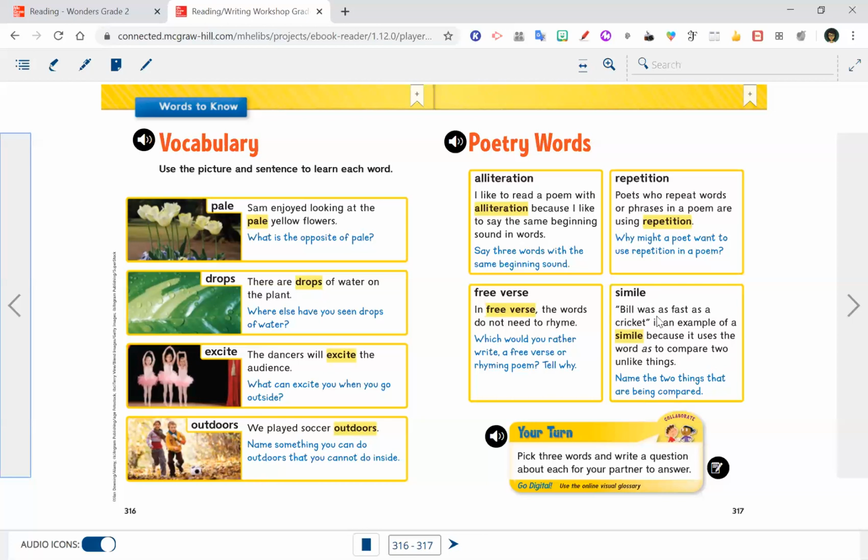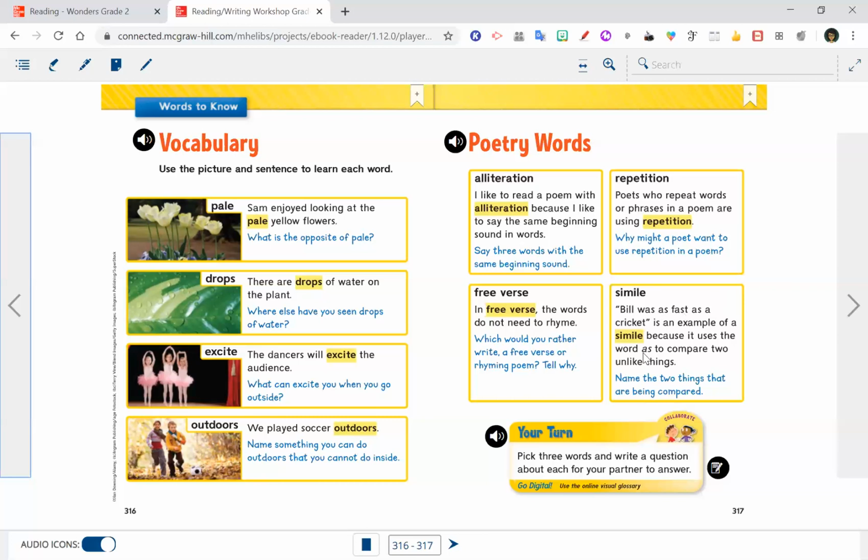So they gave us an example here. It says, Billy was as fast as a cricket. But wait, is Billy a cricket? Probably not. I think Billy is a person, and they're just comparing him to a cricket because a cricket can run really fast. So when you think of a simile, you're comparing two things that may be different, but there may be just one thing that keeps them the same, that's similar.